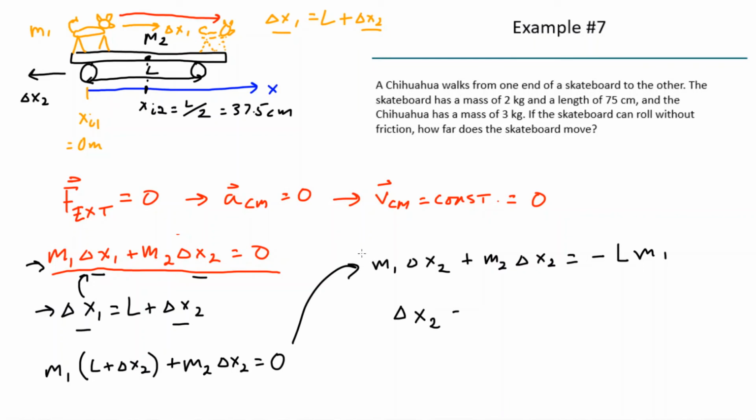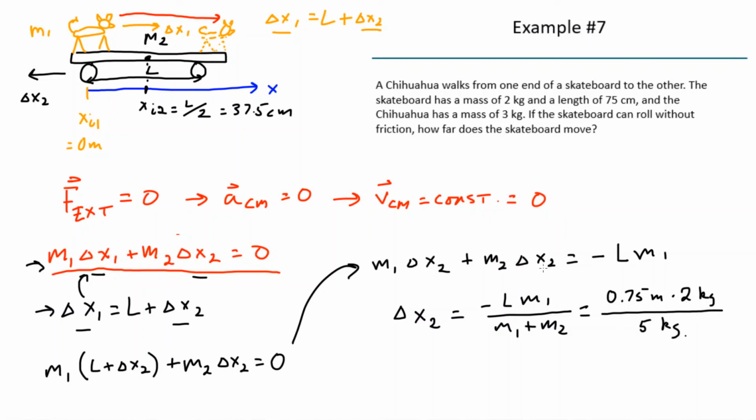I get delta x2 equals minus L m1 over m1 plus m2. So I'm going to plug in my numbers. L is 75 centimeters, that's 0.75 meters. M1 is the mass of the Chihuahua, that's 2 kilograms. Divide that by 2 plus 3 is 5 kilograms, that's the total mass of the Chihuahua plus skateboard.